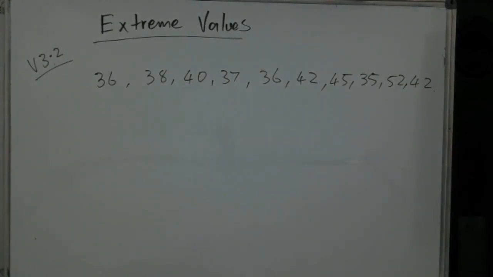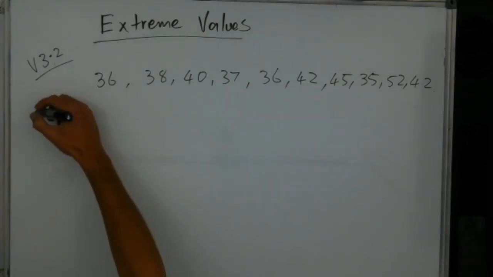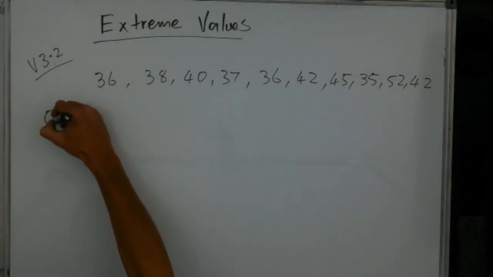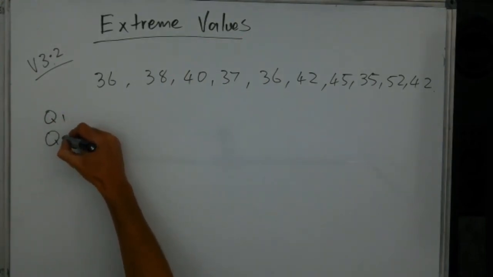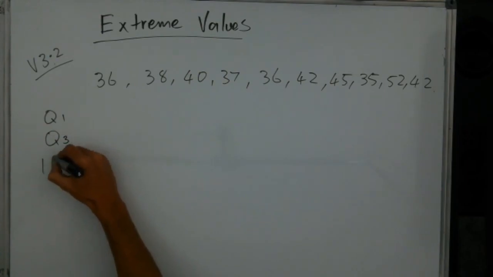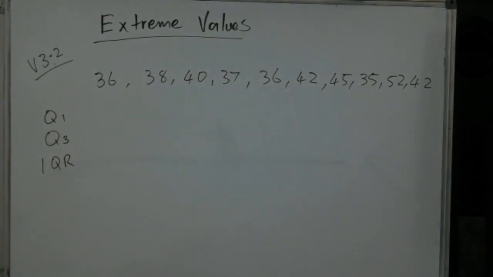Okay, so what we need to analyse this is we need the lower quartile, the upper quartile, and the interquartile range.